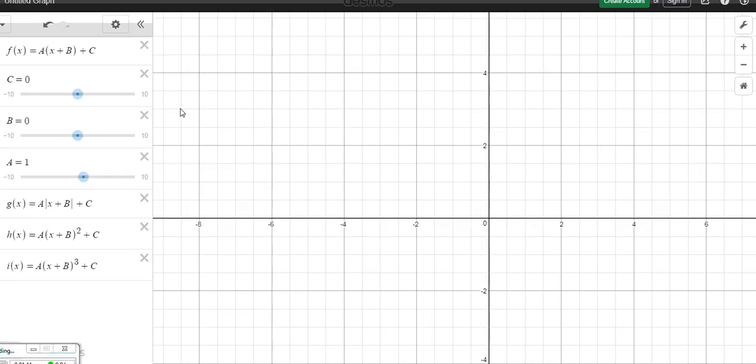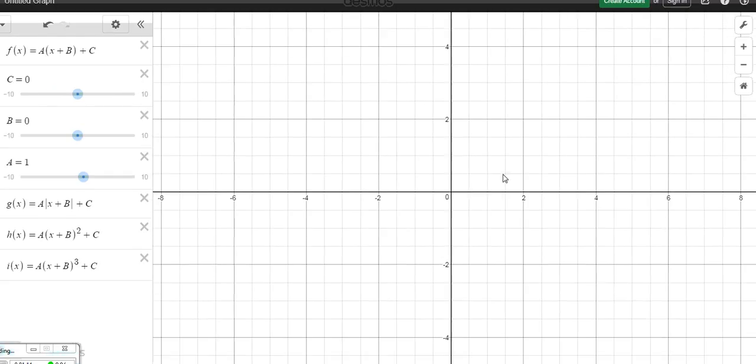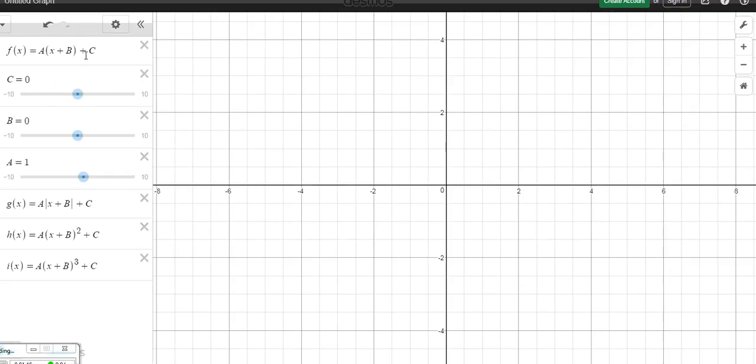Oops, I meant to zoom in. I'll get rid of that linear one now, but this is just a linear equation. Now notice I have this A, this B, and this C that I can play around with. And as I play, it will change these things. If I change A, notice this is the thing out in front that tilts everything.